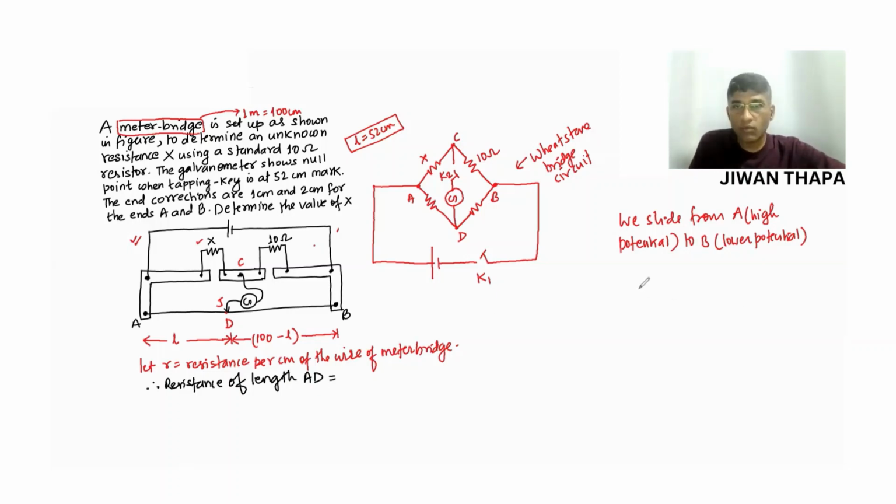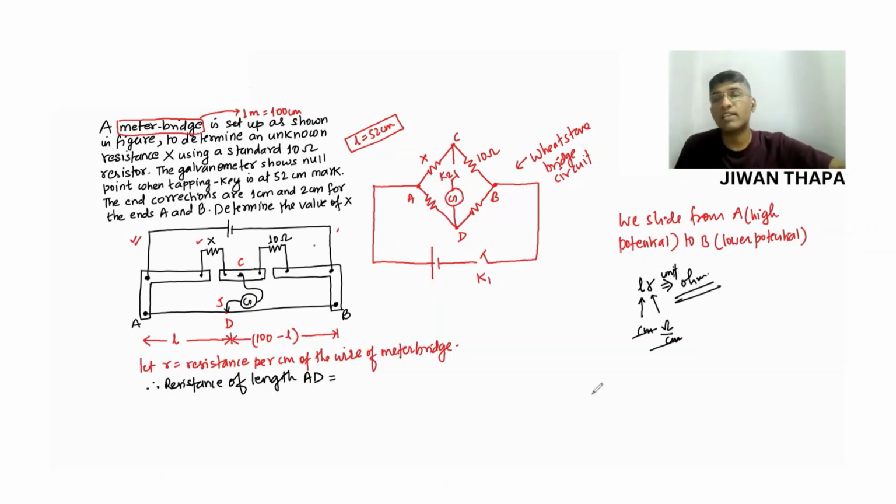So when we multiply L with r, L is in centimeter and r has unit resistance per cm, so this cancels out. So this product has unit ohm.